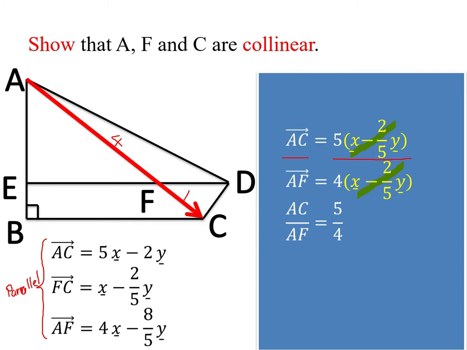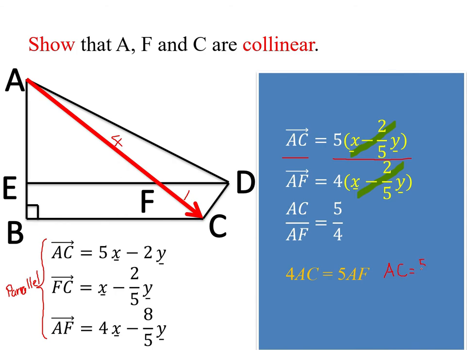So remember what I said, the concept that if two vectors are parallel, then the ratio will exist between the vectors, right? So with that, we can make the conclusion that 4AC equals 5AF. Or if you don't want to write in this form, you can also write it as AC equals 5 over 4 AF.